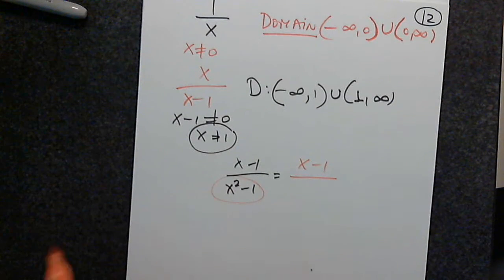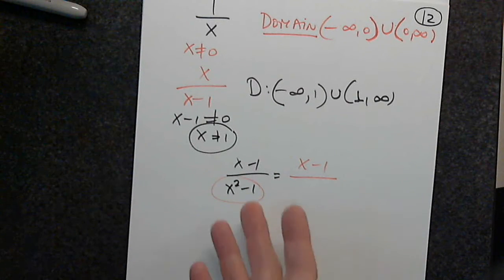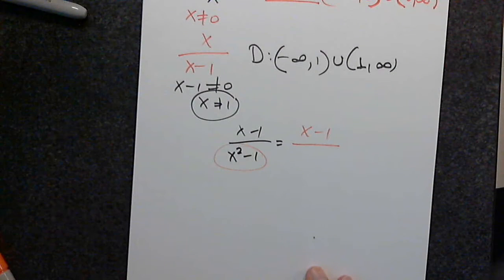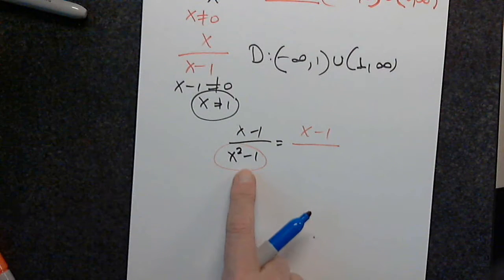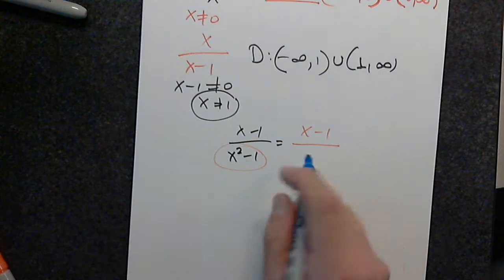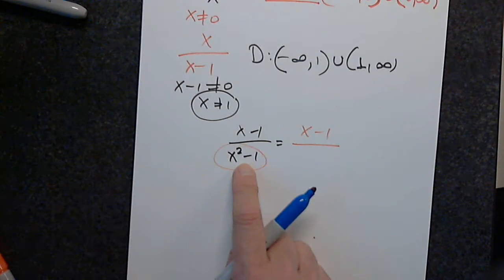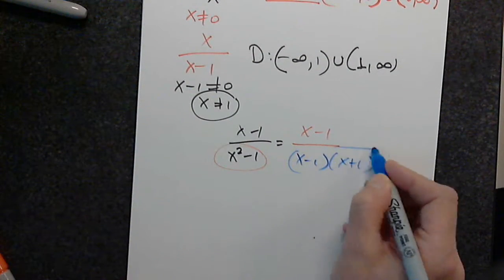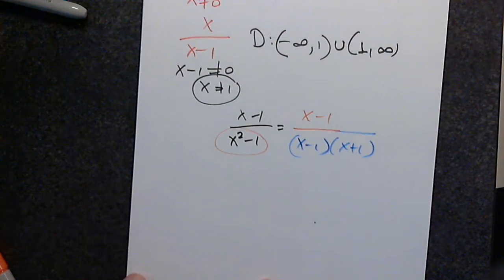But I know now from reviewing our factoring strategy that the denominator is factorable. How do I factor this? Excellent. It is the difference of squares: x minus 1, x plus 1.